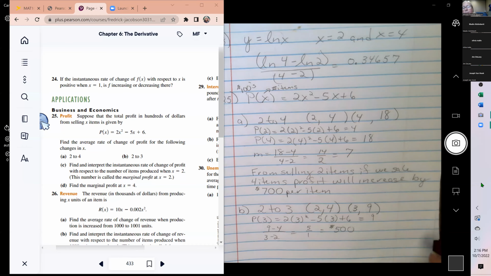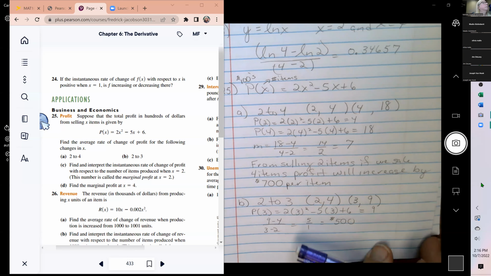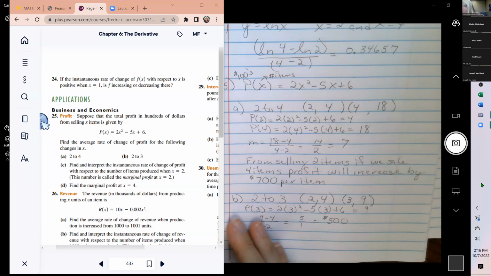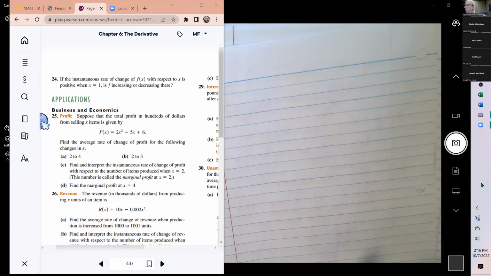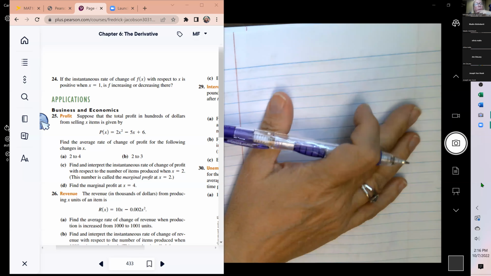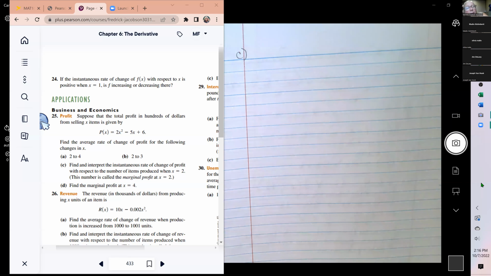Any questions on that? Part C says find and interpret the instantaneous rate of change of profit with respect to the number of items produced when X is 2.